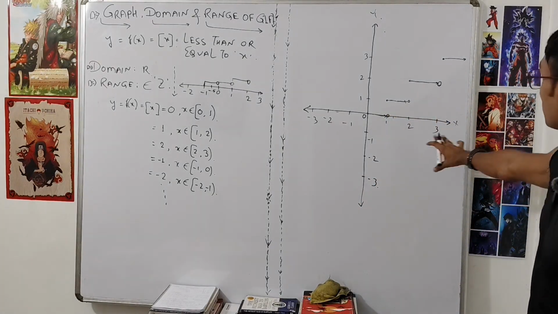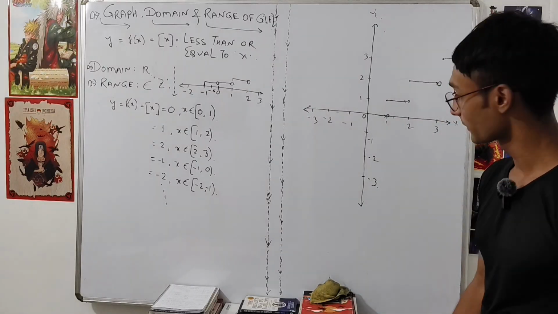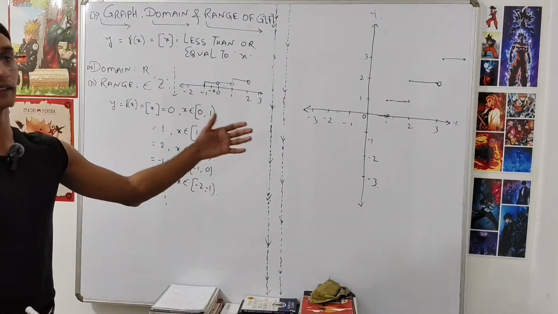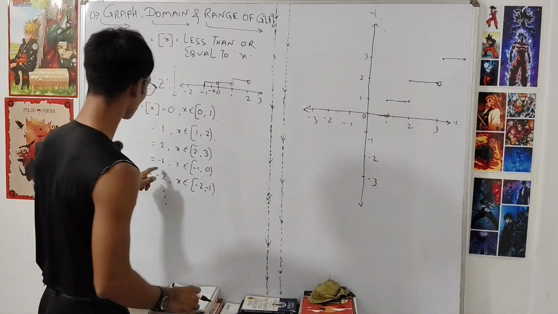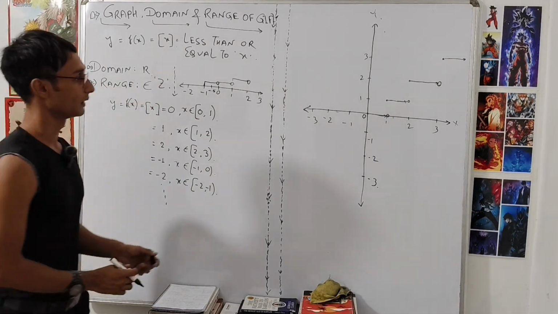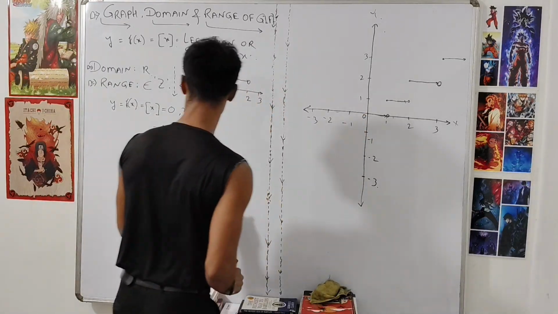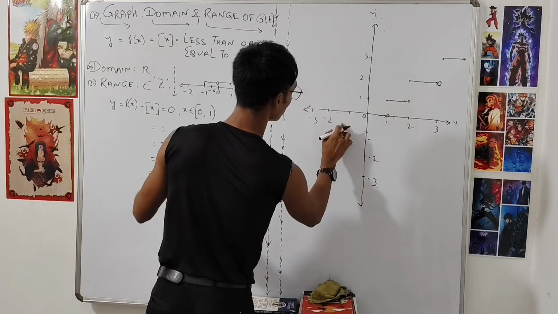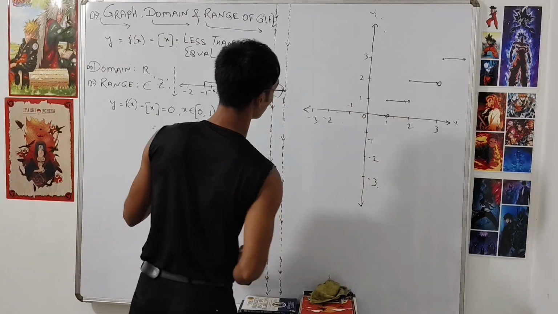Okay, so this is in the first quadrant, where x is positive. Now when x is negative, like -1 to 0, then floor x is -1.